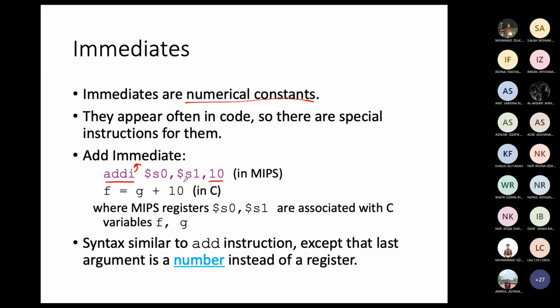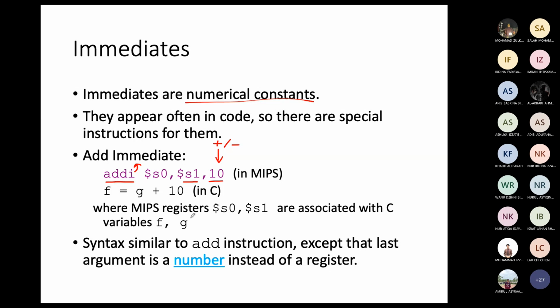The first operand must be a register, here S1, and the second source is the constant, written here as 10. It can be any positive or negative number.